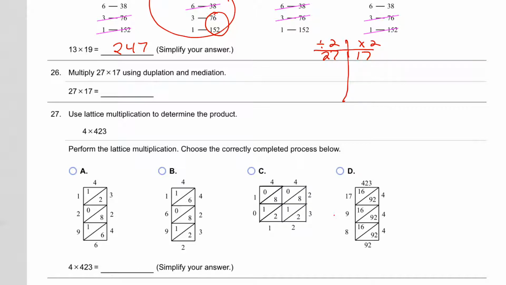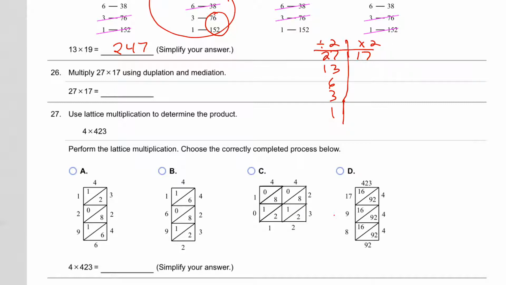Drop the 0.5 and just make it 13. 13 divided by 2 is 6.5. Make it a 6, drop the 0.5. 6 divided by 2 is 3. 3 divided by 2 is 1.5. Drop the 0.5.